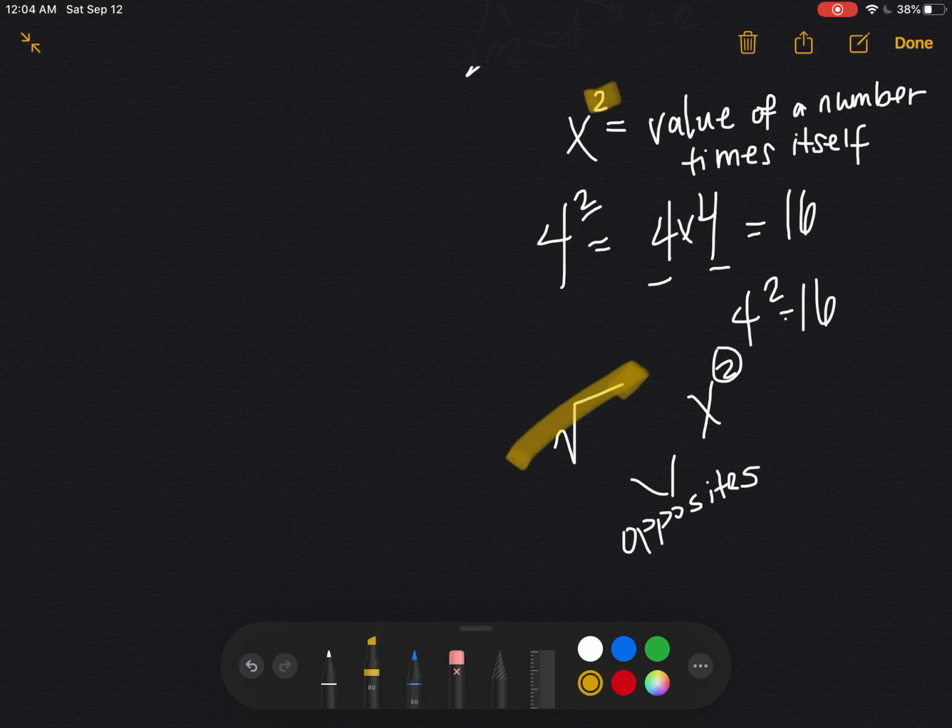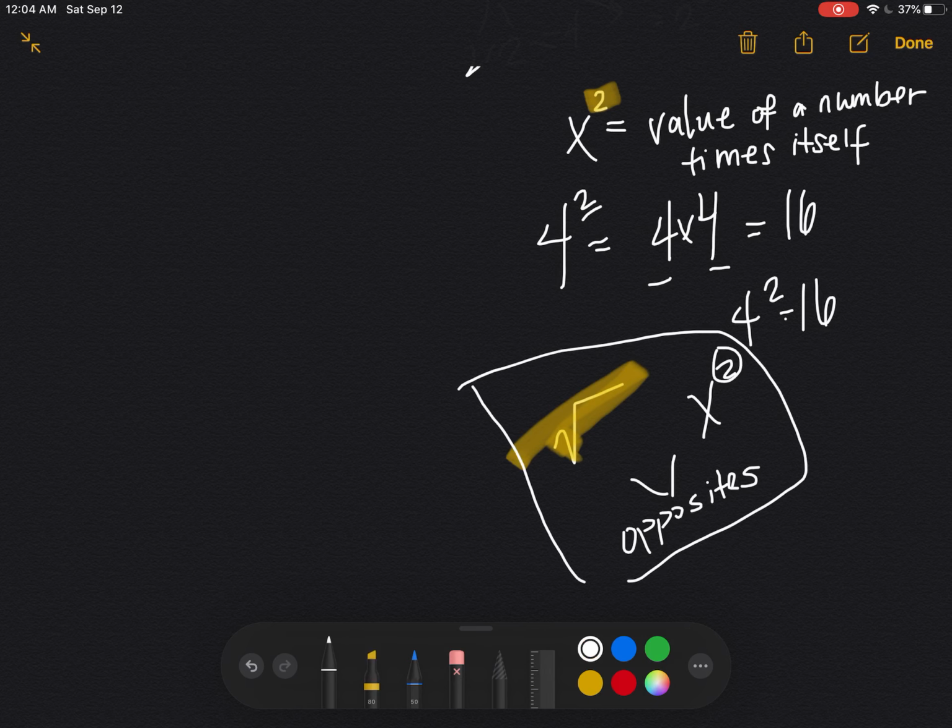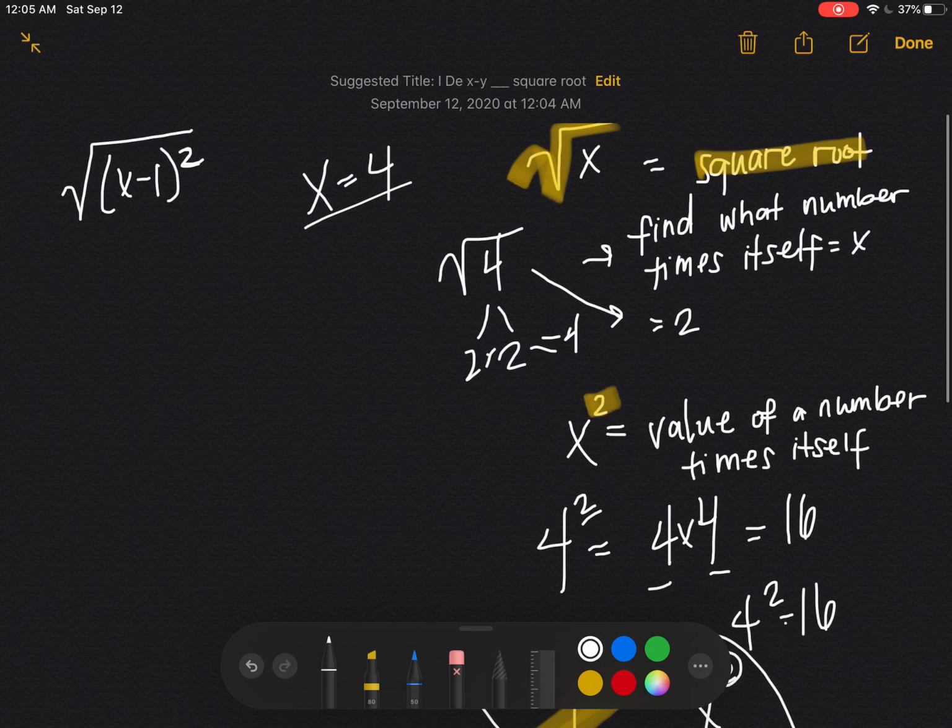Okay, so the square root is asking you to find what number multiplied by itself equals a certain number, and this was saying multiply the number that is given by itself however many times. So these two are opposites. So whenever you see these two things, they cancel each other out because they mean the opposite. So for example, in the same way that addition and subtraction are opposites, multiplication and division are opposites, square root and square are also opposites. So it's in the same line of thinking as that.